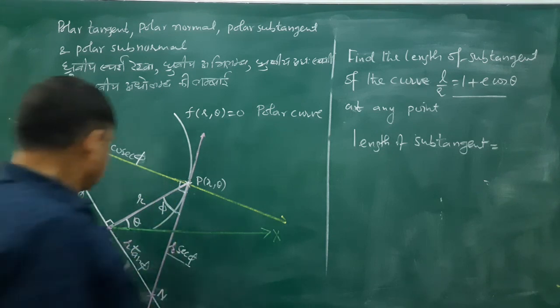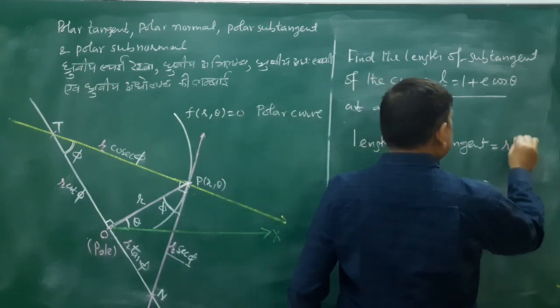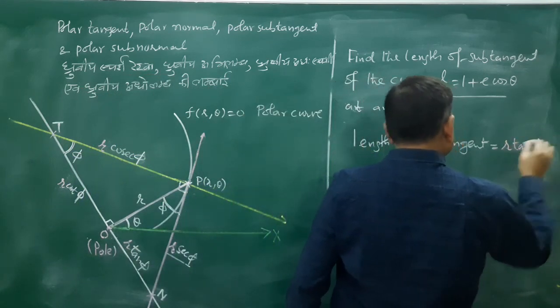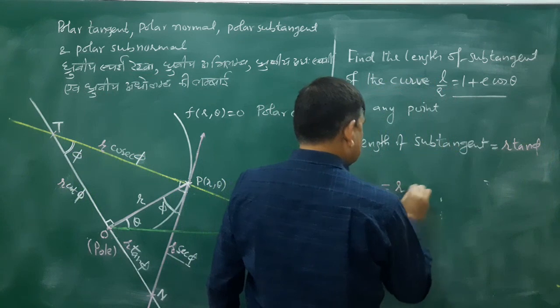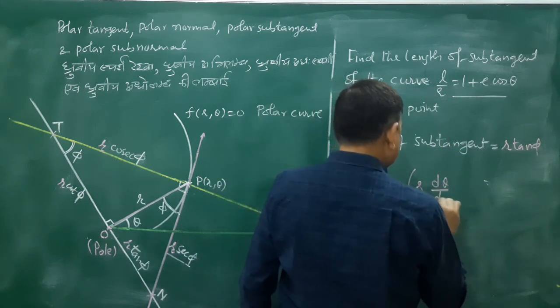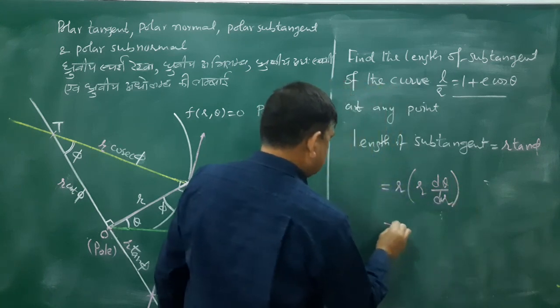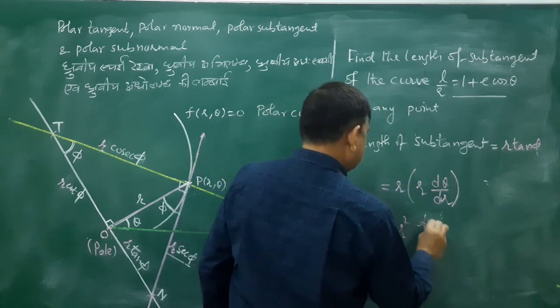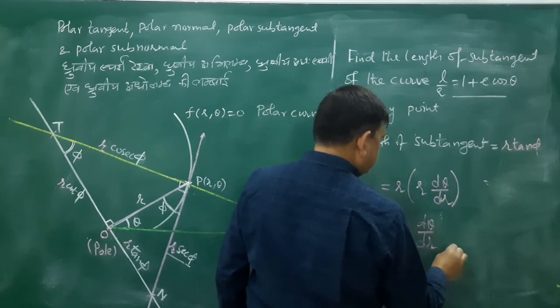Okay, so it is r tan phi, because this is r here. R tan phi means r d theta by dr. So this is r square d theta by dr.